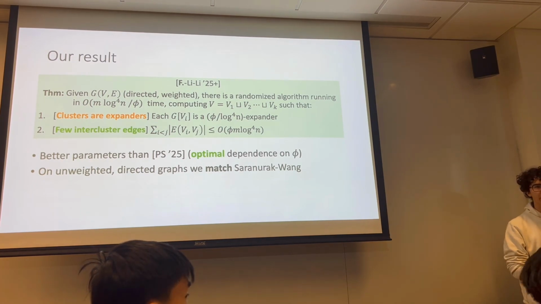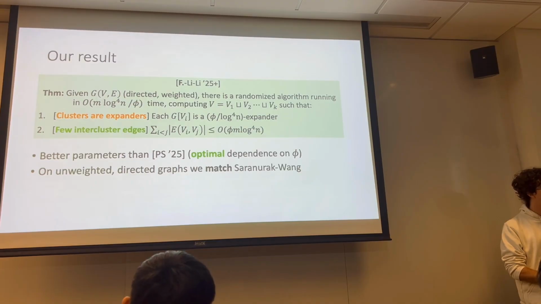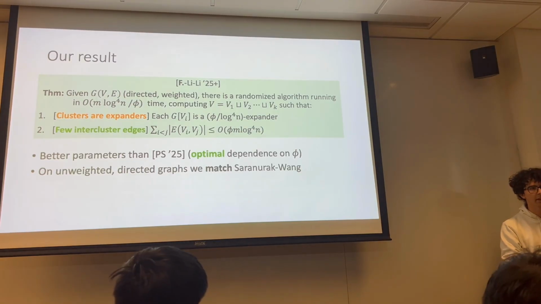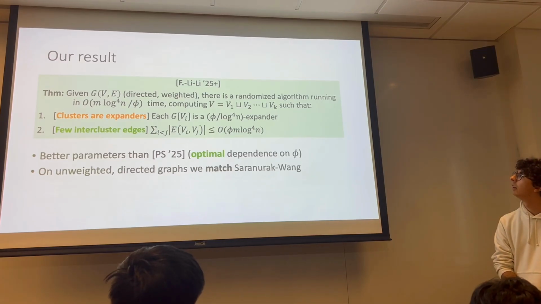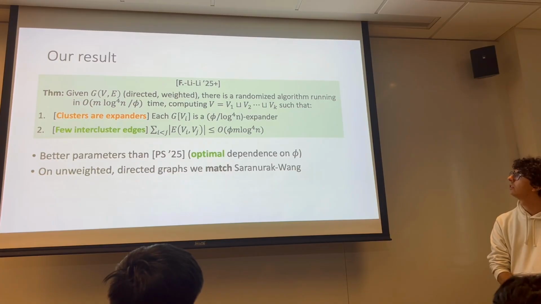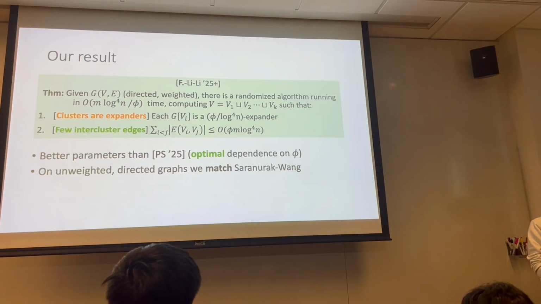I guess that was the point. You're saying that there are newer papers that don't have that? You can get rid of the phi, at least in the undirected setting, using approximate max flow. Yeah, that is true. Cool. Okay.